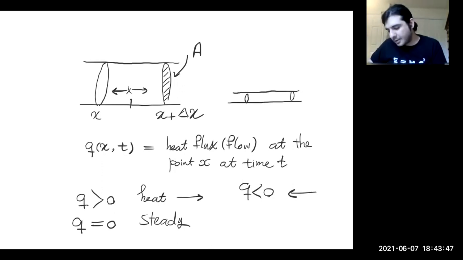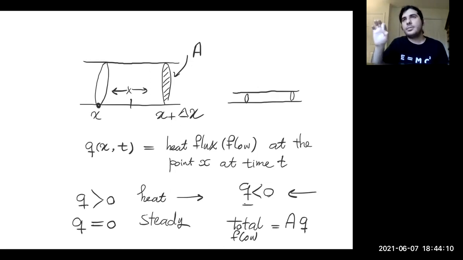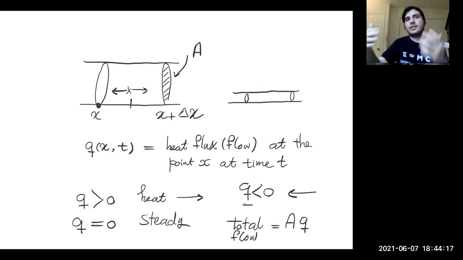So the total heat flow which we can have at some point X, from left to right or right to left at the time t, would be A times Q. So this Q is defined per unit. If our area is 2 times another area, the potential heat flow which we can have is 2 times that one.